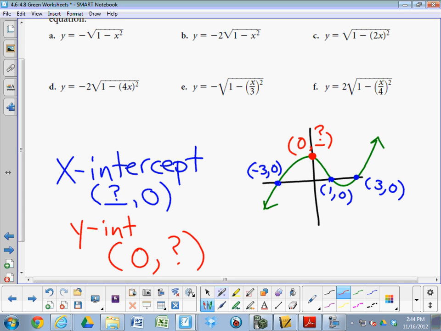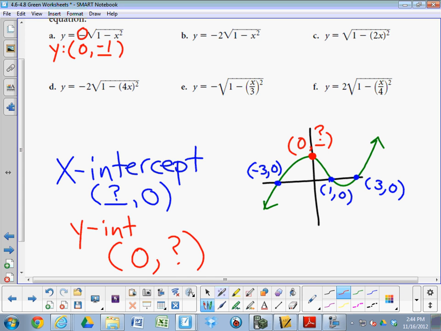So the y-intercept in A is 0, comma what? All you have to do is plug in 0 for x and calculate. What's 1 minus 0? Come on. 1 minus 0 is 1. What's the square root of 1? 1. Then you got to apply the negative, so the y-intercept is 0, -1.